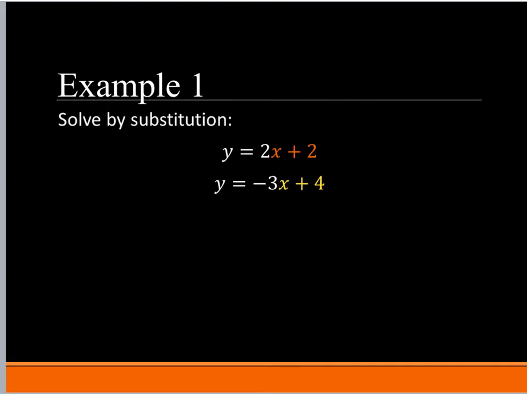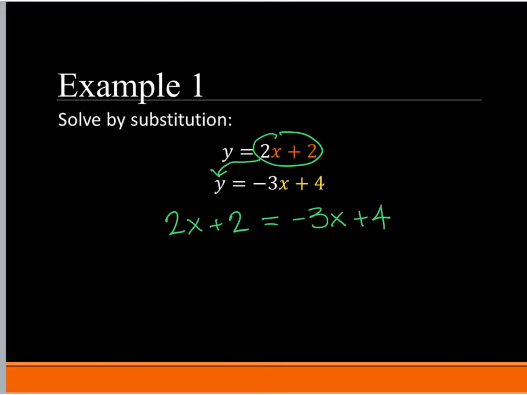What I'm going to do is take this expression here and substitute it in for this y. When I do that, I end up with 2x plus 2 equals negative 3x plus 4. Again, I substituted what y was equal to in for the y in the other equation.